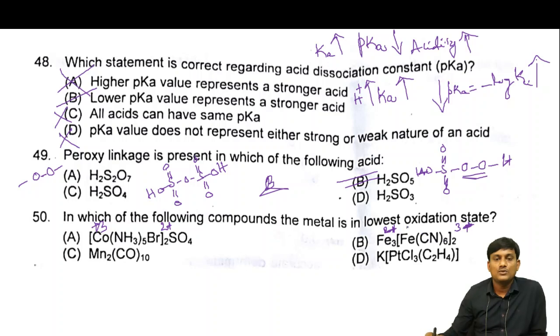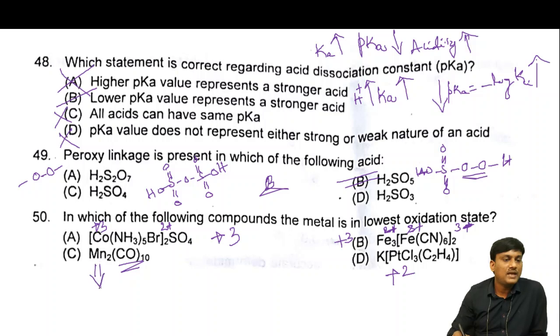So in these cases the metal has +3 oxidation state, and in this case +2. In metal carbonyls, we know the ligands are neutral, so the oxidation state of manganese will be 0. Mn2(CO)10 has manganese in the lowest oxidation state. C is the correct option.